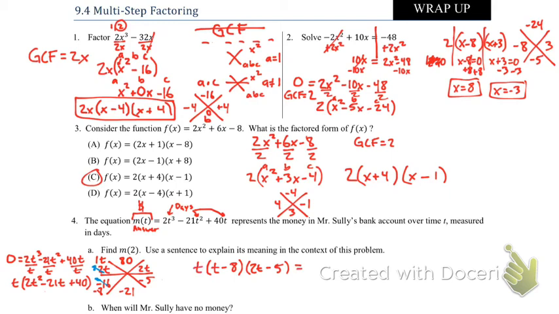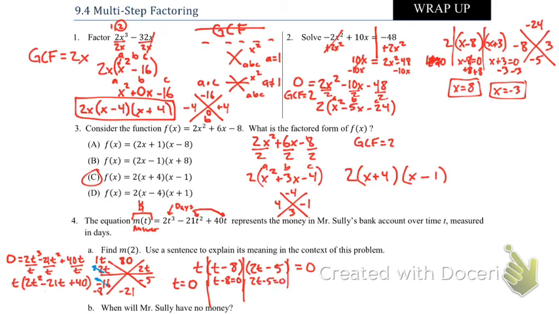Remember, all this is equal to 0 because we want to know how much time before he has 0 money. Okay, so now we split like we did earlier, and we're going to solve. So the first one, t equals 0, is there. We have t minus 8 equal to 0. And then 2t minus 5 equals 0.